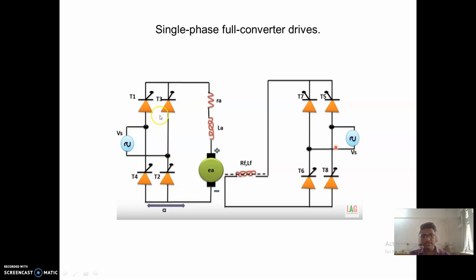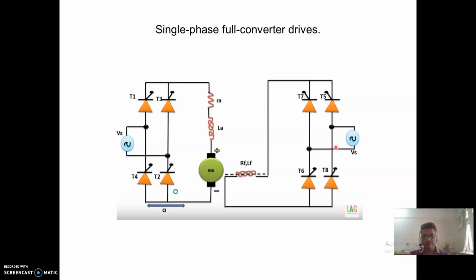Also in this case, at a time T1 and T2, or T3 and T4, are on. Not all four thyristors are on at a time. So when T1 and T2 are on, the current flows through this loop T1, RA, LA, EA, and T2. And during the negative half cycle also we get the output current and output voltage.